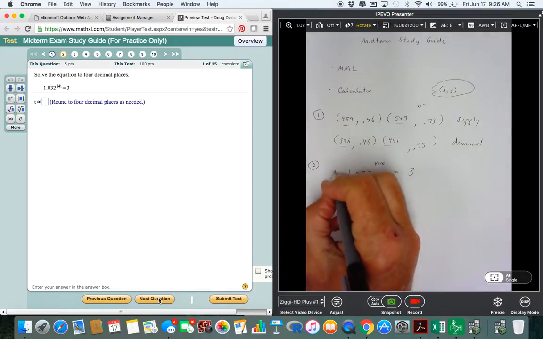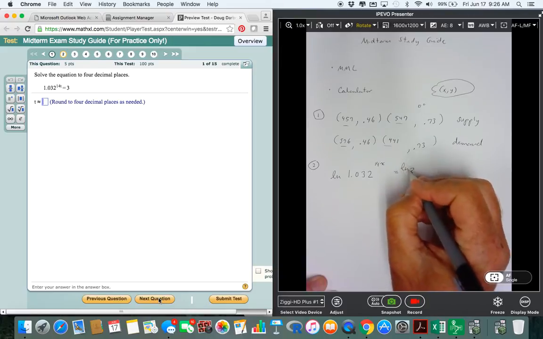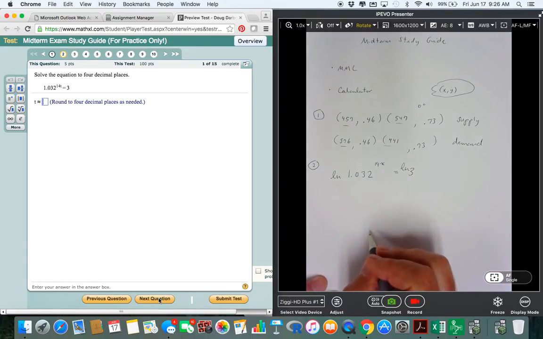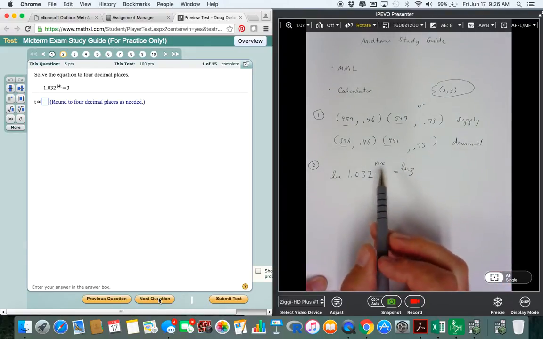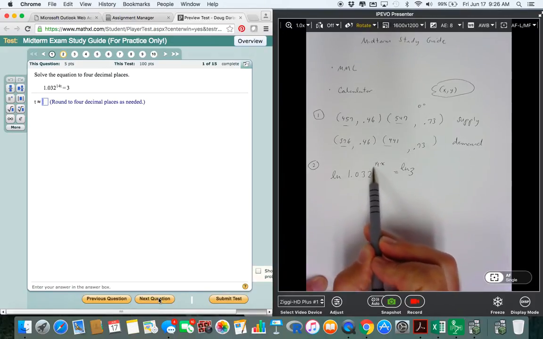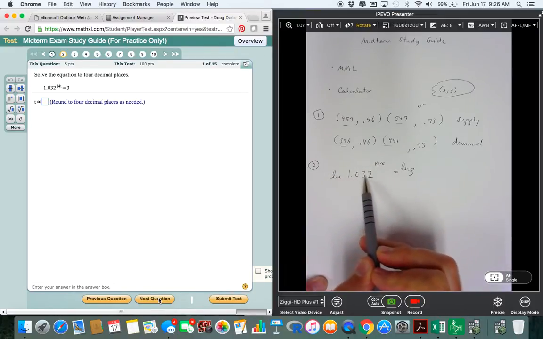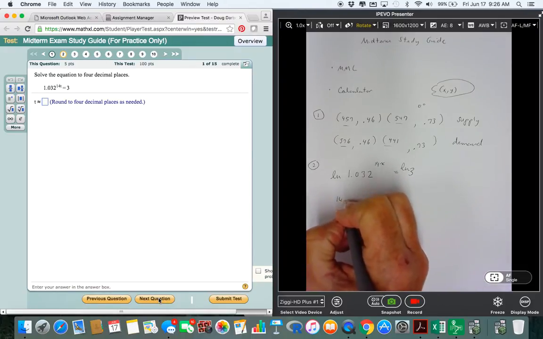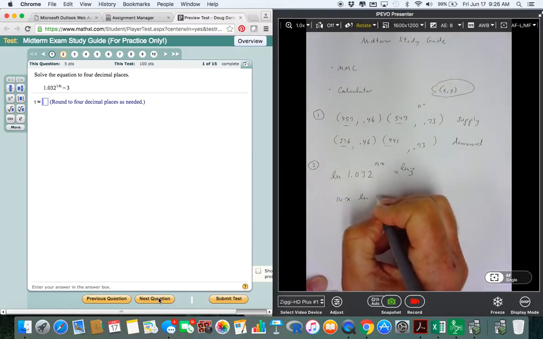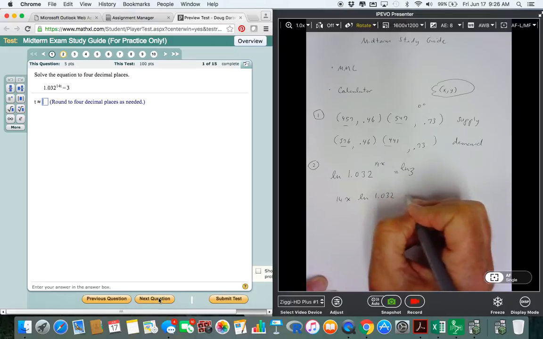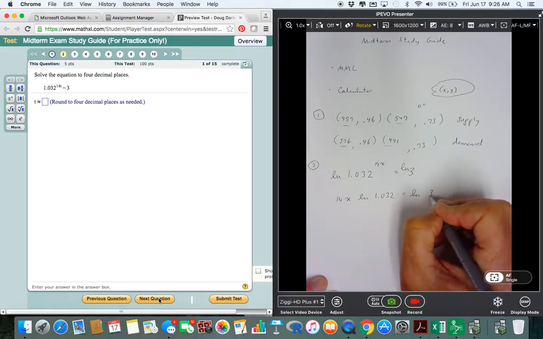So guys, what I want to do here is take the natural log of both sides. And then I'm going to use that property that I've taught you before that says whatever we have in the exponent, we can bring out front when we're taking the log or natural log of a number. So I can rewrite this as 14x times the natural log of 1.032 equals the natural log of 3.